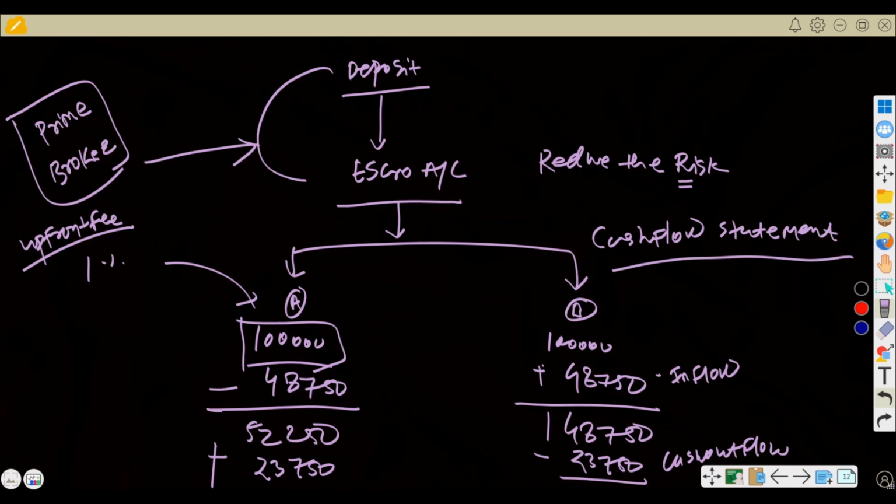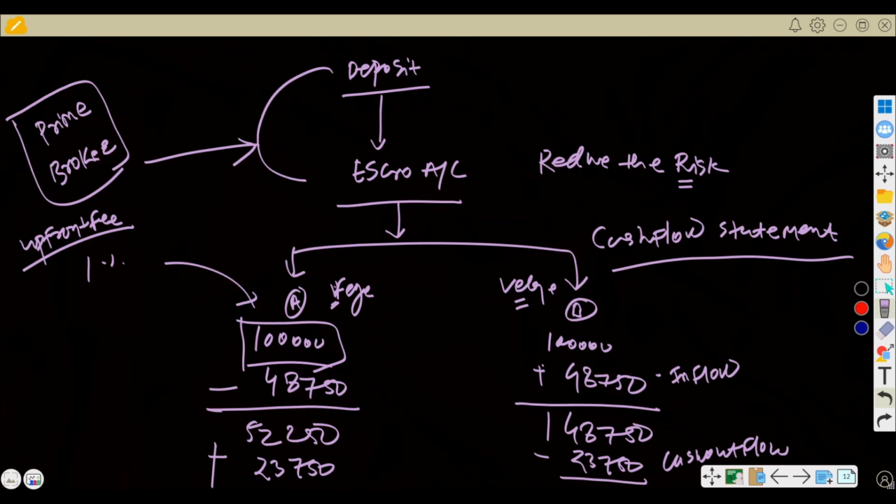And we check the same details. Swap 1, swap 2, let's say F leg and V leg. V means variable, F means fixed. A will receive fixed. Why?